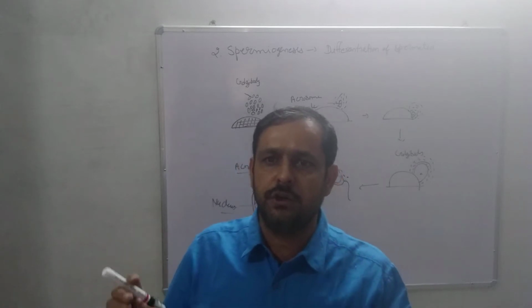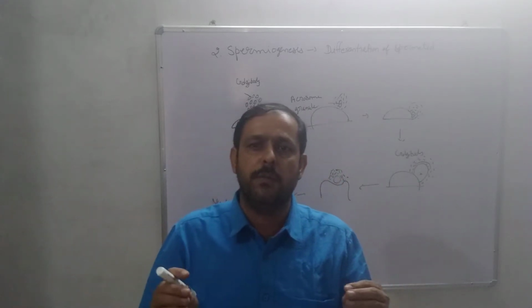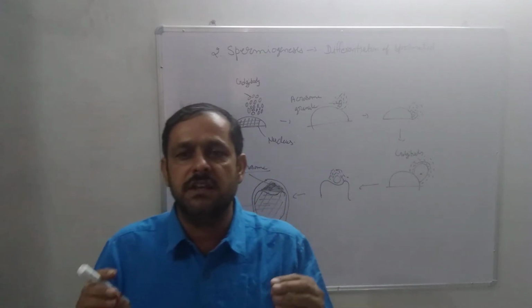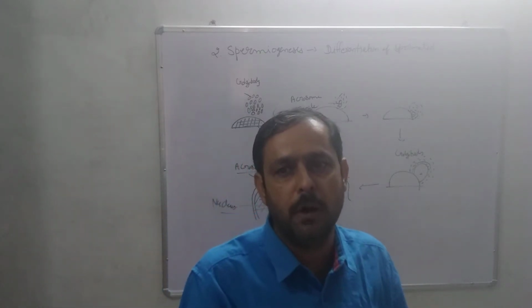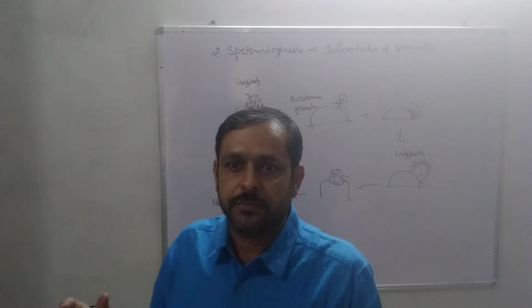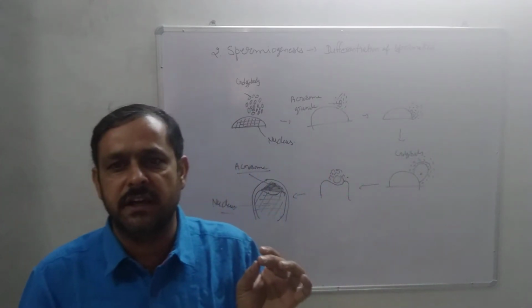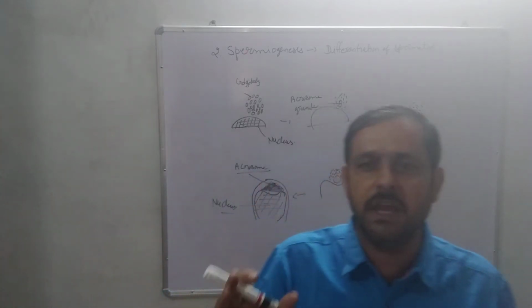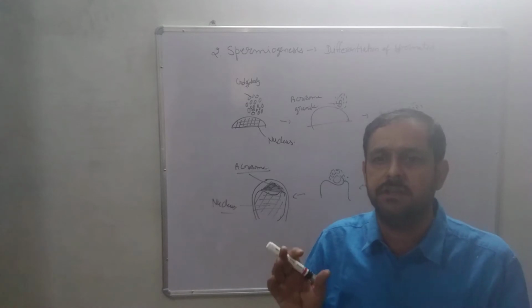It is necessary to reduce the water for a motile sperm. Not only this, unnecessary substances such as RNA are removed from the nucleus. Only DNA, the genetic material, remains in the nucleus.